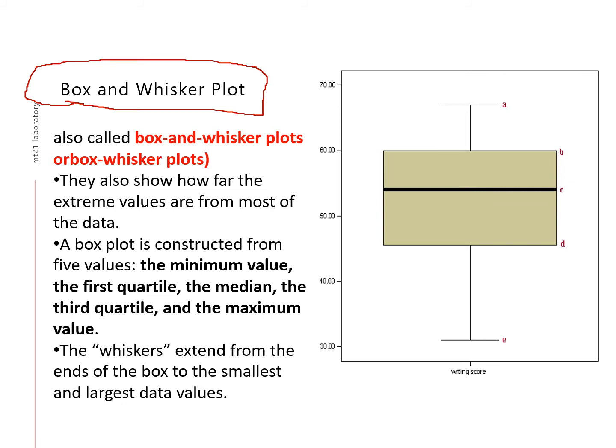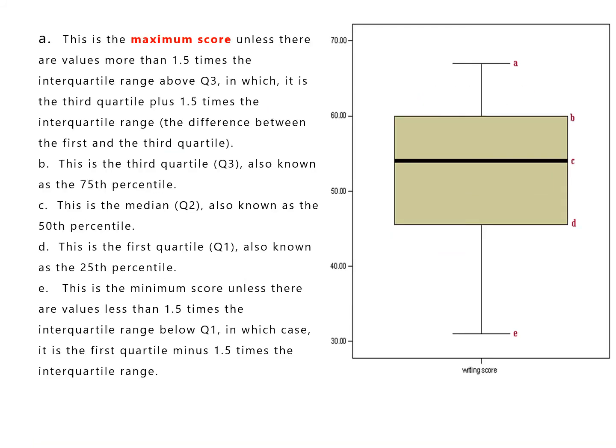So the main foundation of the box are your three quartiles. And in the box and whisker plot, we also have the minimum value and the maximum value that is being plotted. So this is how you can interpret the box plot, guys.